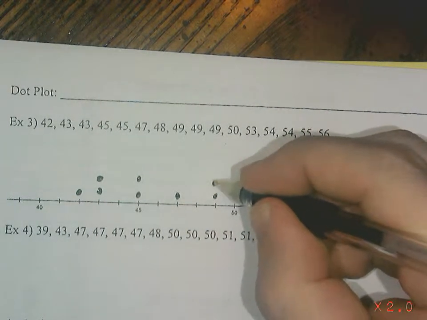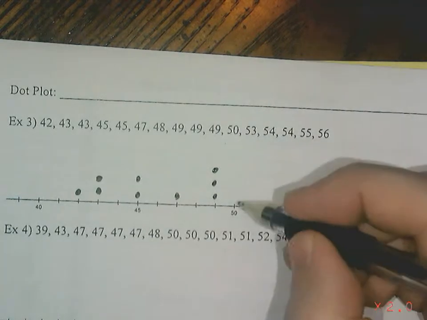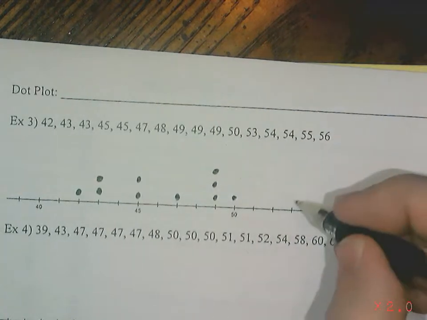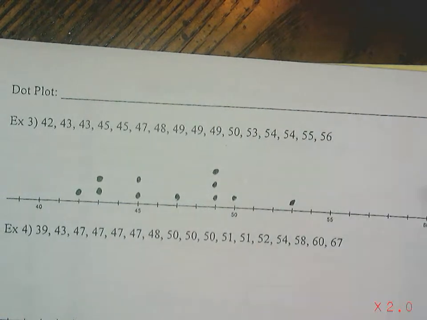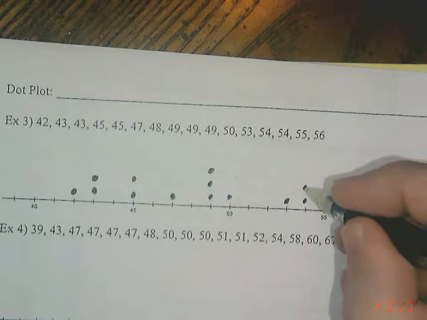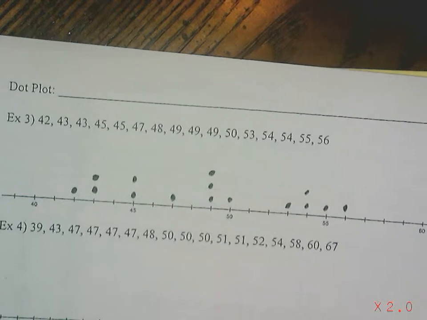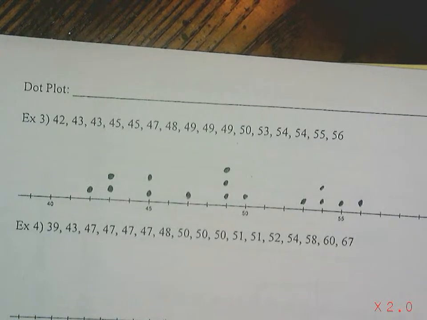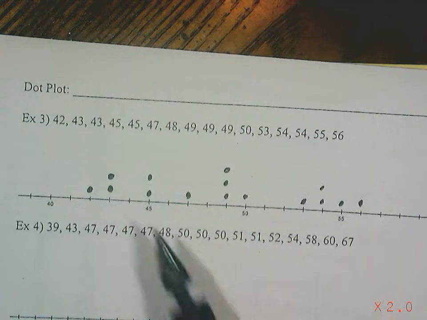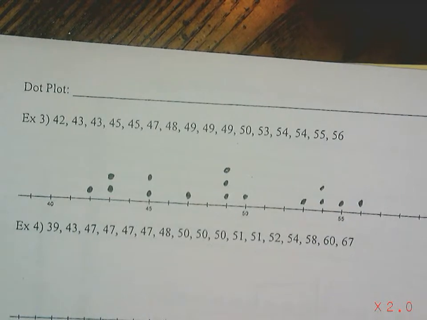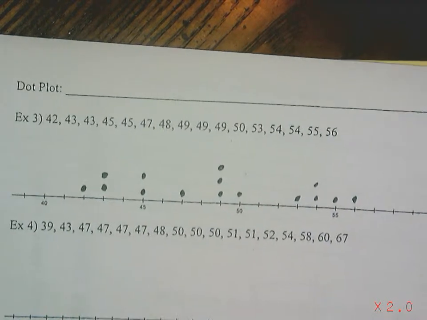So 1, 2, 3. 1 50. 1 53. Two 54s. A 55 and a 56. And that's your dot plot. That's all you've got to do. So you just look at your data and put a point for each number, basically.